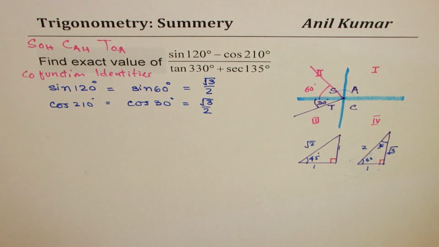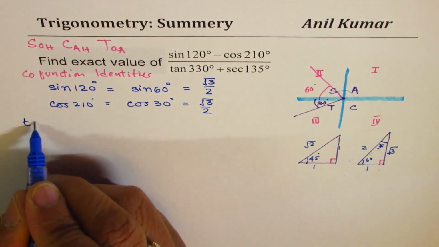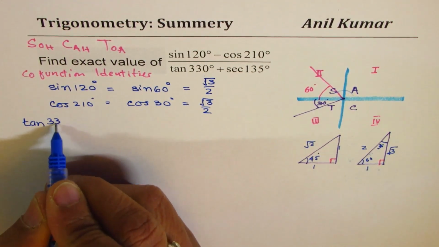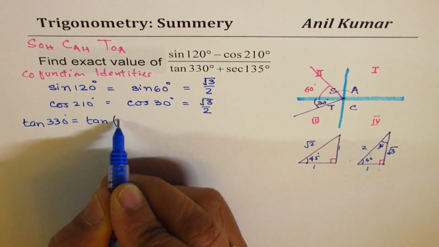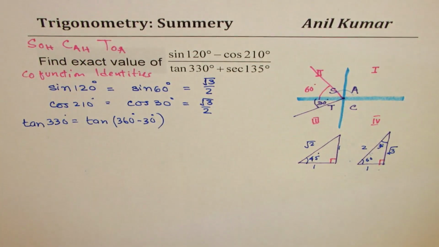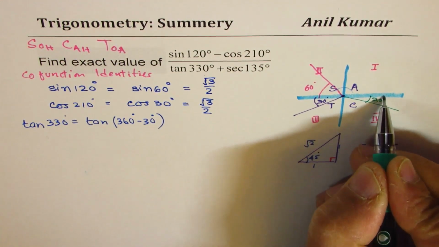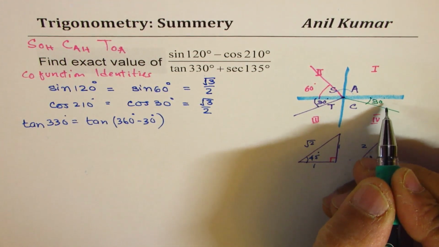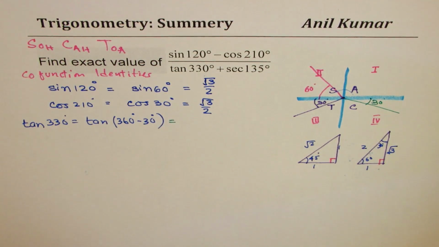The third one here is talking about tan 330 degrees. So I'll take more room here to explain what I didn't explain earlier. 330 degrees could be written as tan of 360 degrees minus 30 degrees. Now that is the acute angle which we have been referring to. So I could draw my triangle here where it is 30 degrees less than 360. So that is the acute angle. Now in this particular case, you can see that tan has to be negative, right?